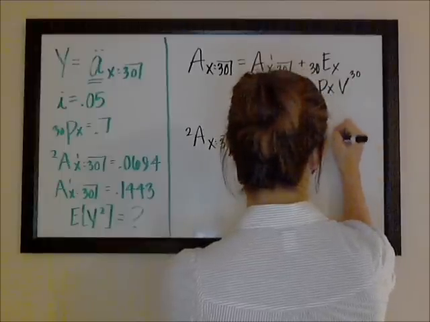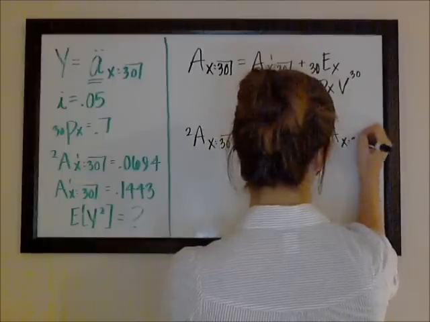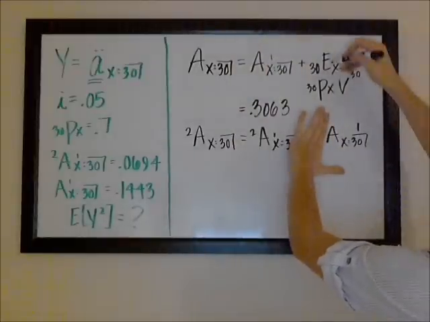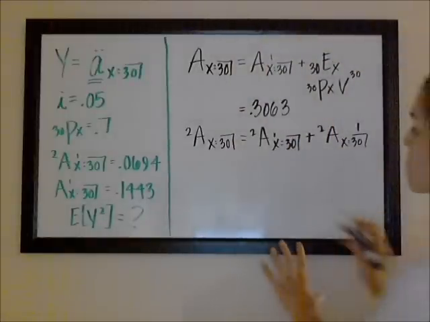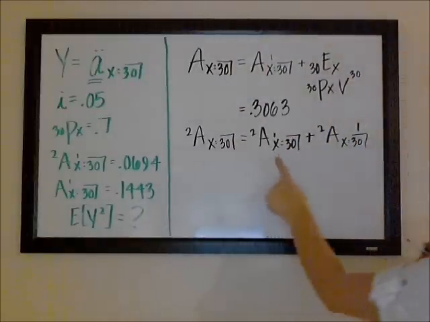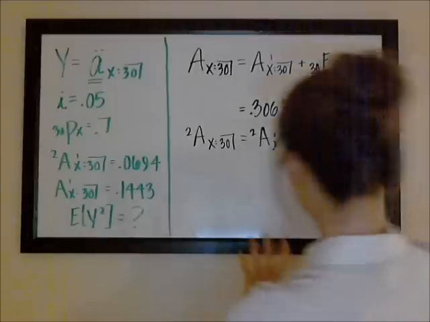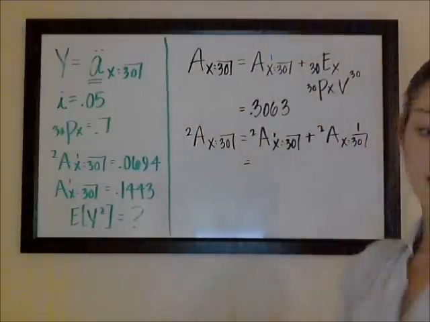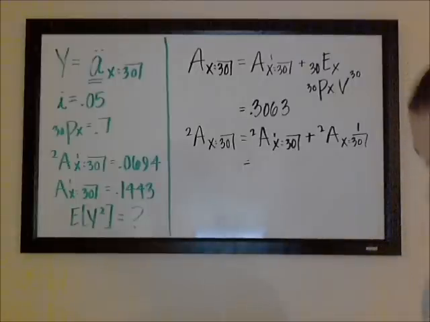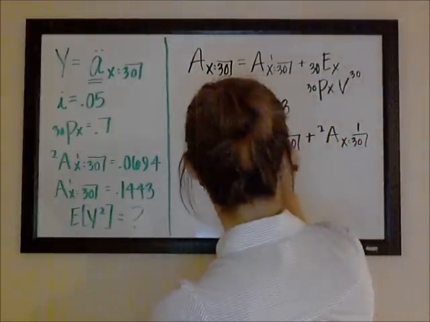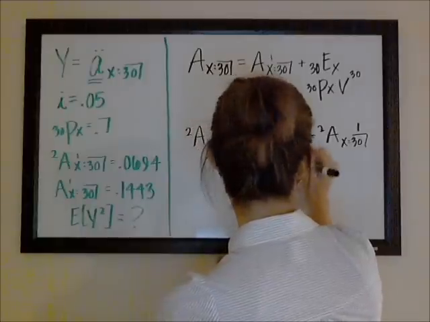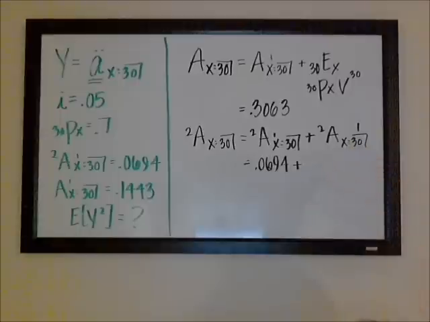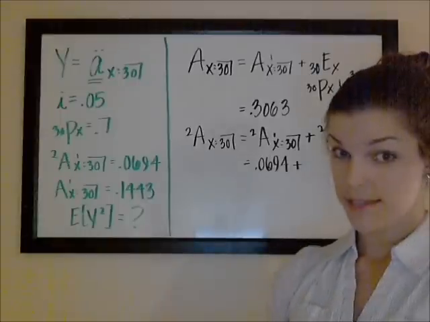We're given the second moment of the term insurance. That was nice. This is 0.0694.